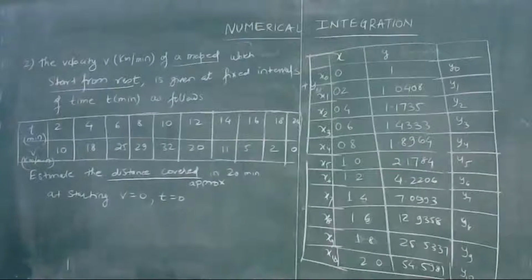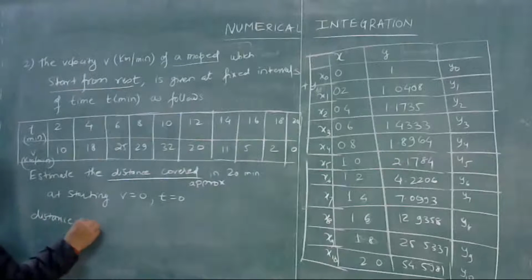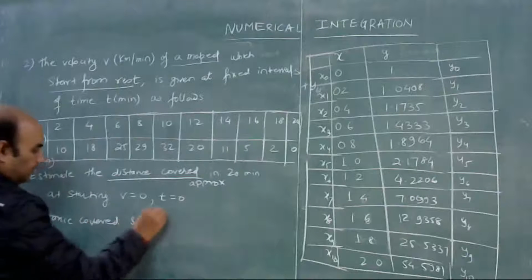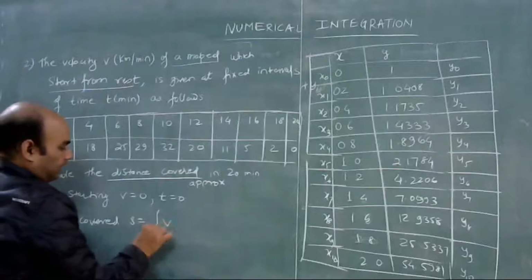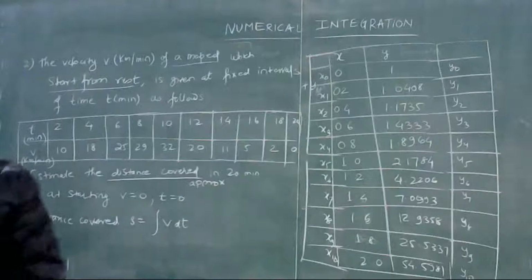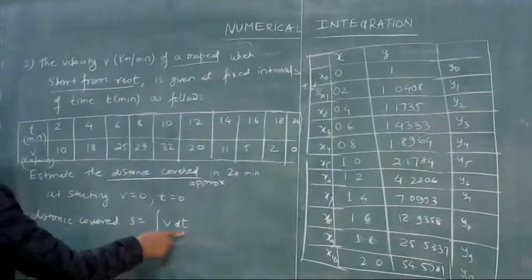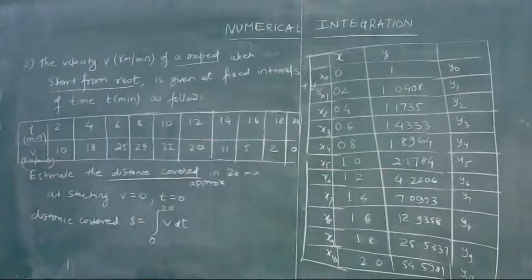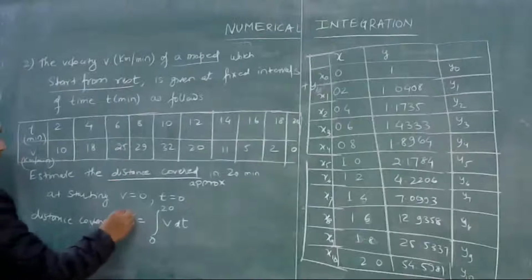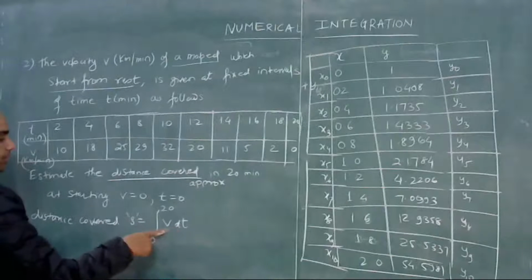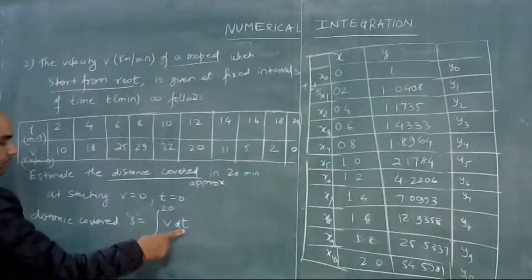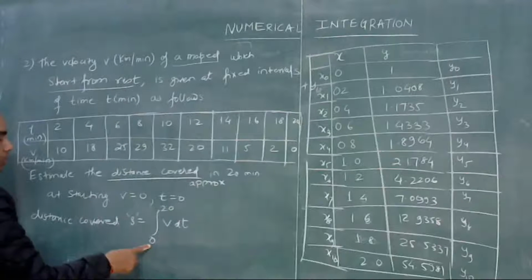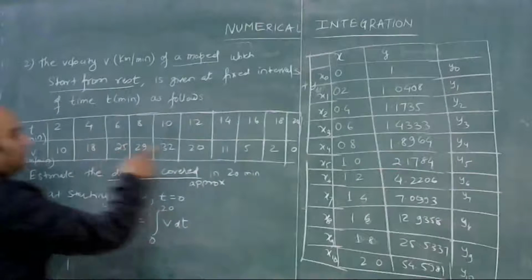We know that distance covered can be calculated by integration of velocity with respect to time, and time is from rest to 20 minutes. So the distance covered s is equal to the integration of velocity with respect to time, starting from rest, t is equal to 0, and it is traveling up to 20 minutes.